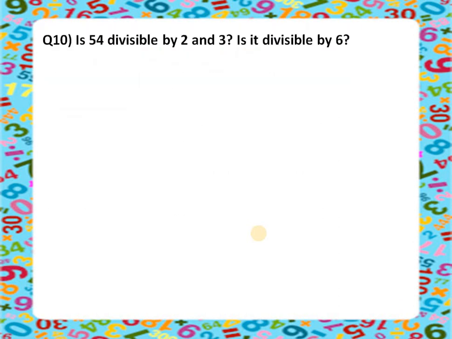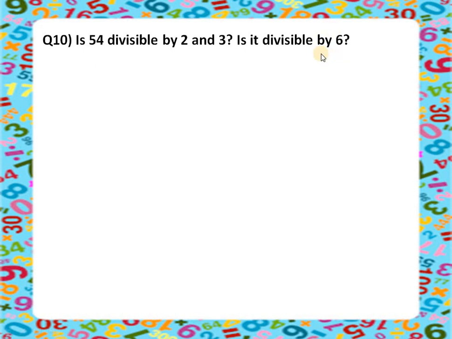Moving to the 10th question, the last question of this exercise, 4.1. Is 54 divisible by 2 and 3? Is it divisible by 6? First of all, we will find out if 54 is divisible by 2, then whether 54 is divisible by 3, and lastly we will check if it is divisible by 6 or not.